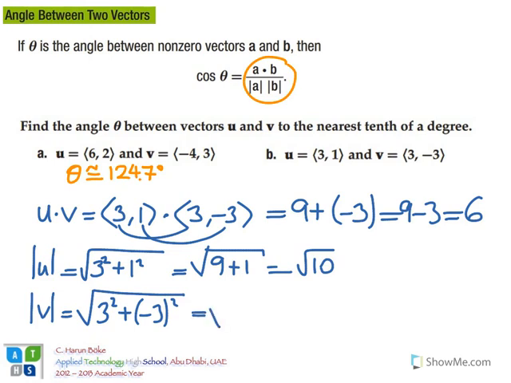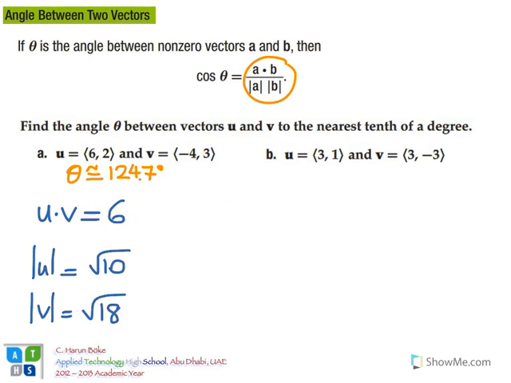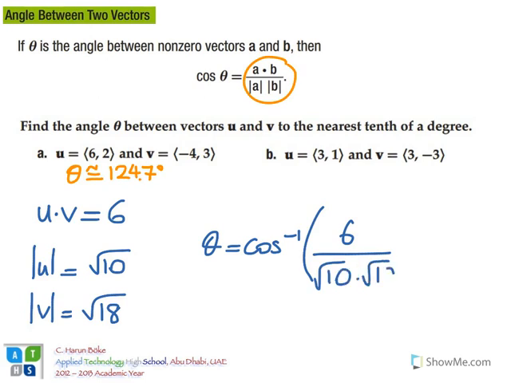So it will be the square root of 9 plus 9, -3 squared is also 9, equals the square root of 18. Now, if we substitute all these values into the expression, we will get theta to be the inverse cosine of, let's substitute the values now. Well, u dot v is 6 divided by the product of magnitudes, which are root 10 times root 18.